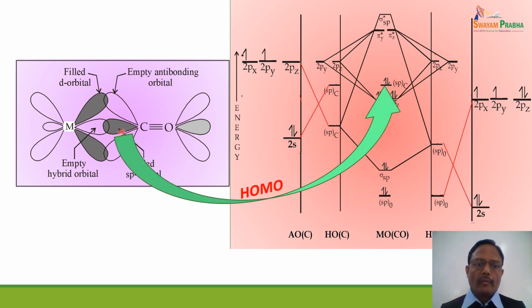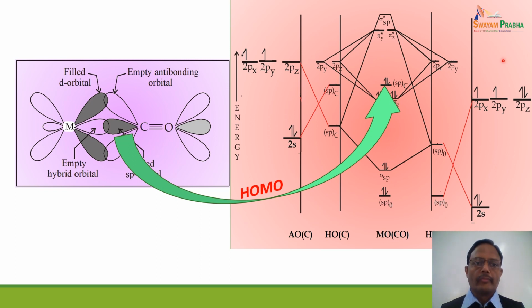The filled sp hybrid orbital of carbon is this orbital, which has the highest energy among all the filled orbitals. So it is called the highest occupied molecular orbital or HOMO, whose electron pair is easily donated to the metal because it has the highest energy among all the filled orbitals.